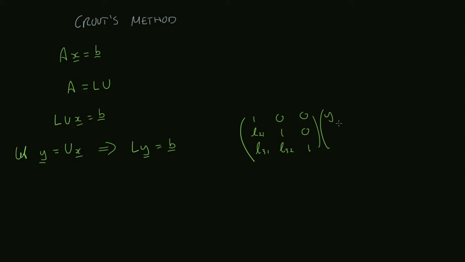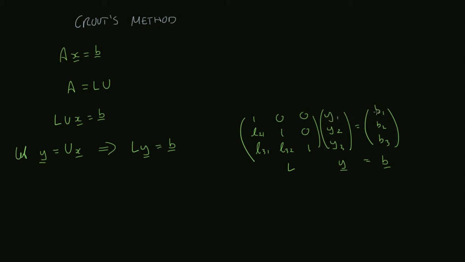We'll have a lower triangular coefficient matrix multiplied by a vector of unknowns, which is Y, and that's equal to some constant vector B. So this is our L, that's our Y, and that equals our constant vector B. Because this is lower triangular in nature, we can do forward substitution to calculate it. Y1 is easily calculated to be the same as B1.